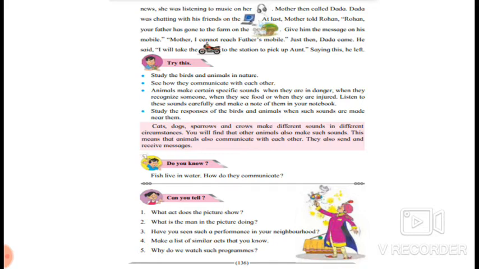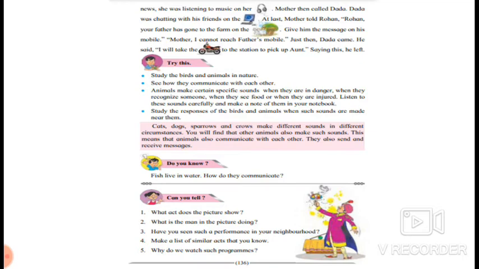At last mother told Rohan, "Rohan, your father has gone to the farm on the bullock cart. Give him the message on his mobile." "Mother, I cannot reach father's mobile." Just then Dada came. He said, "I will take the bike to the station to pick up aunt." Saying this, he left.